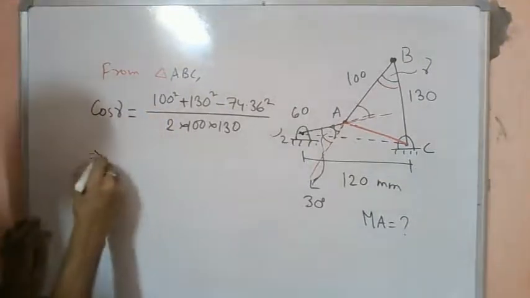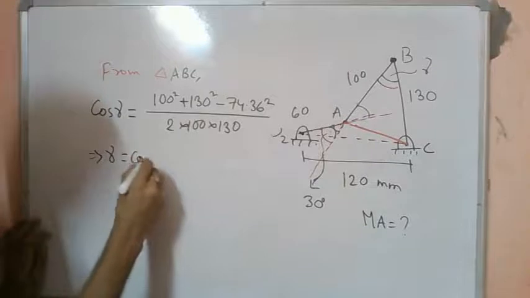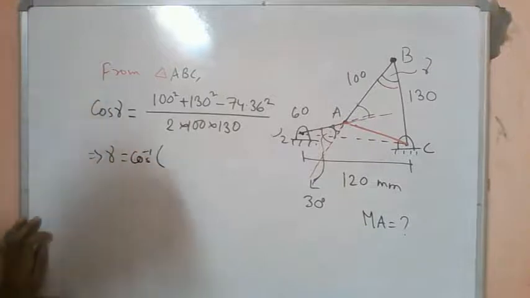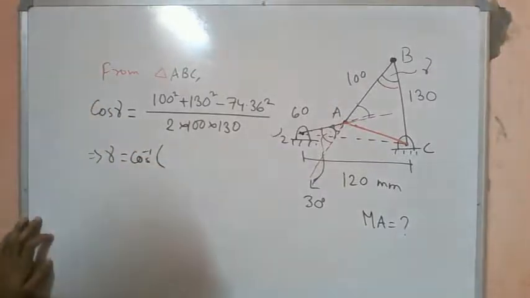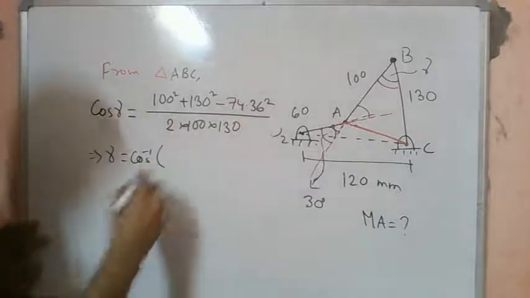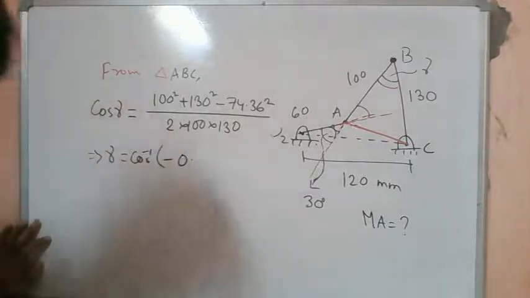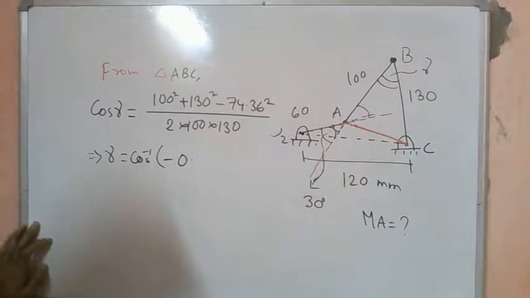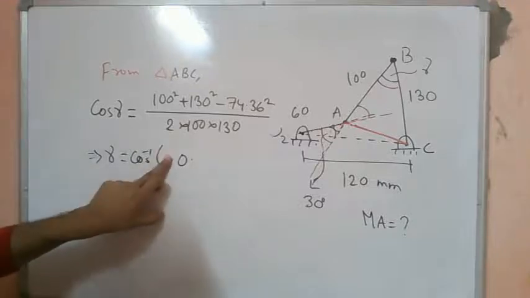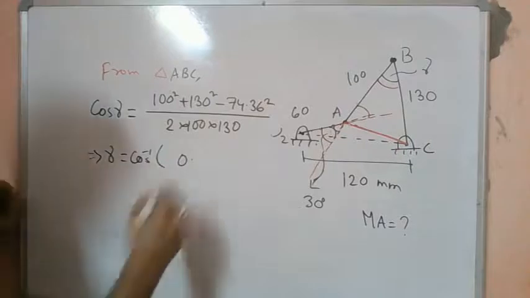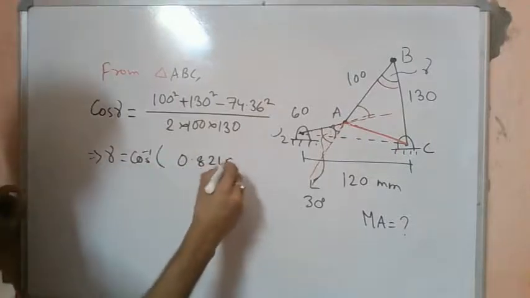From this we get gamma equals cos inverse of 0.8219.